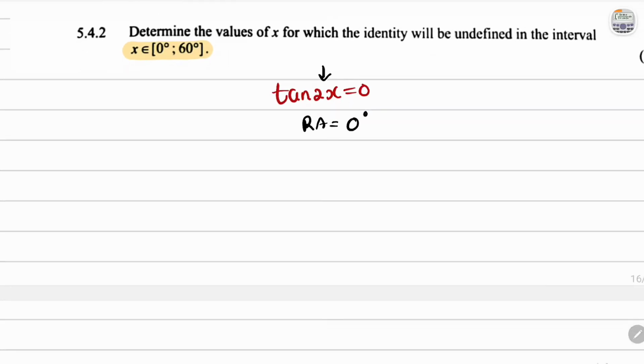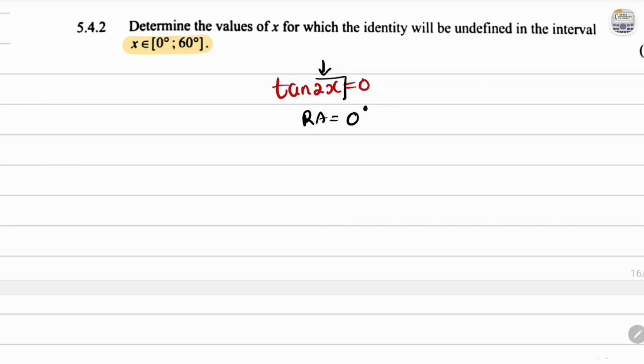So our reference angle is 0 degrees. Now that we're solving for x, we're going to take this value that was in front of tan and say 2x is equal to our reference angle, and then you're just going to say plus k of 180 degrees. And done. That's the quick method. So we're just saying it's 0 degrees plus k 180 degrees.